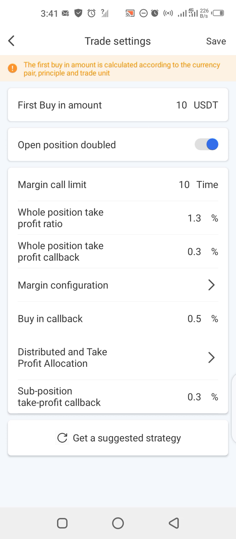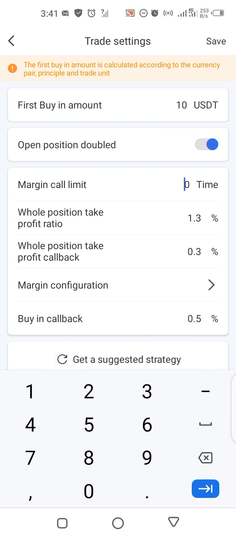Now, the next here is what we call the margin call configuration. Remember, we said margin calls are the number of times you want your bot to buy. Usually, I want to recommend 7 if you want to learn how to trade by yourself.